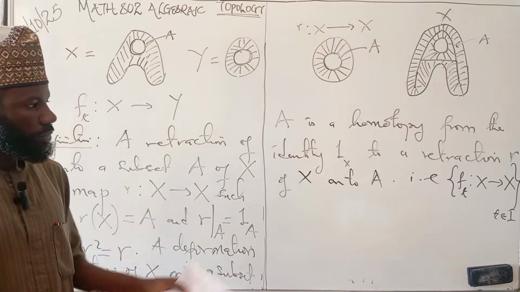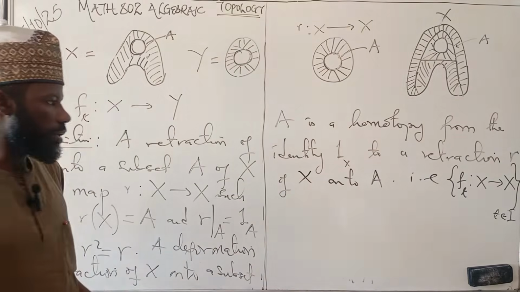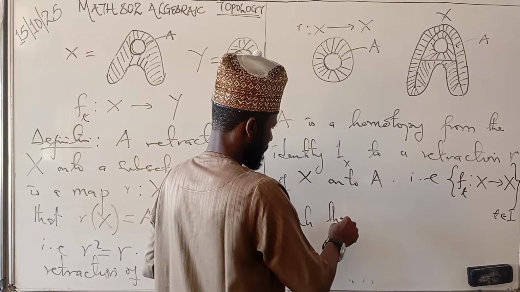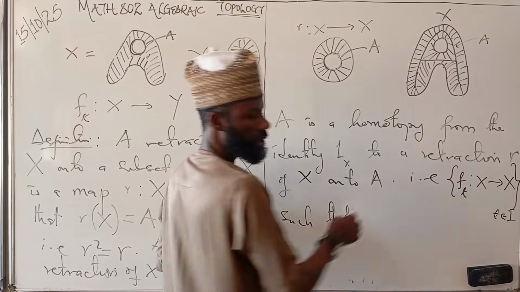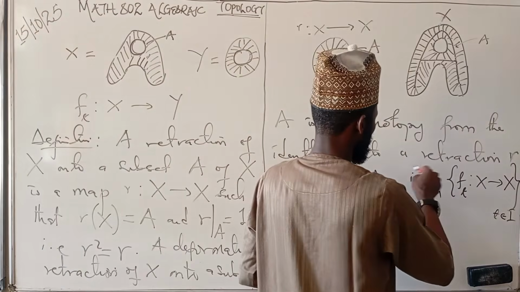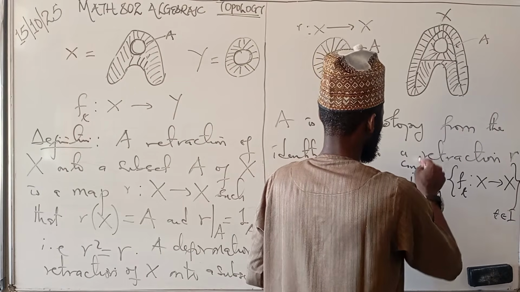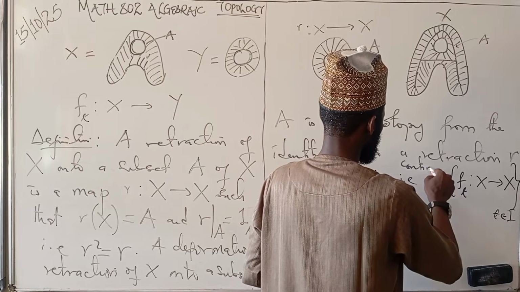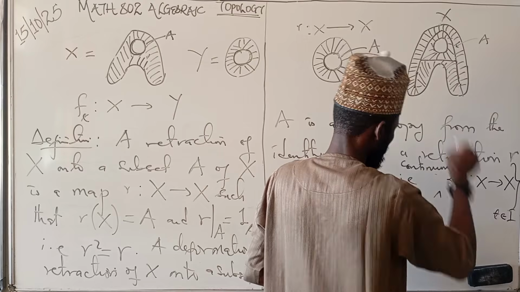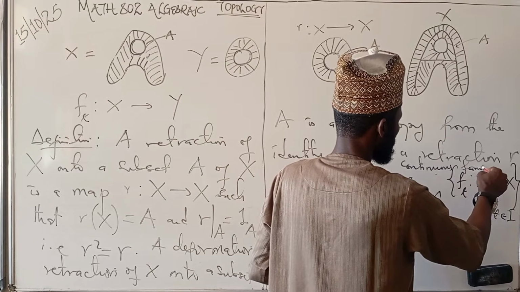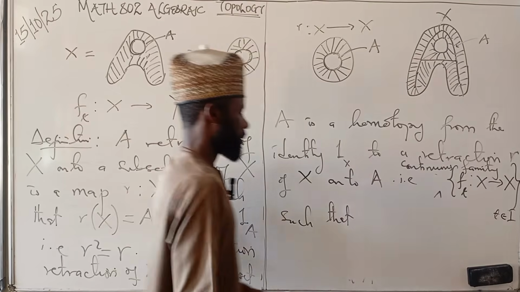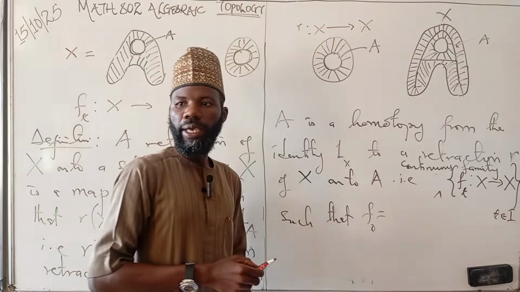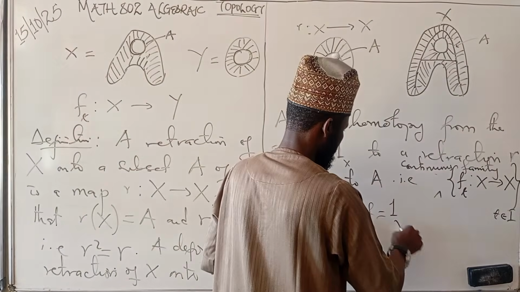In one hour, you are able to deform the entire space. This is a continuous family of continuous maps, such that the first mapping is the identity on X.